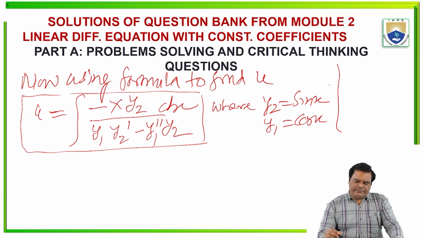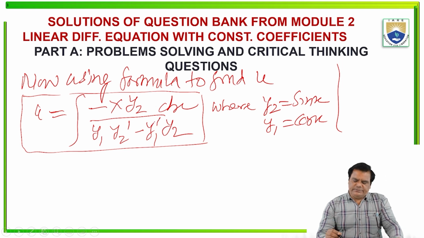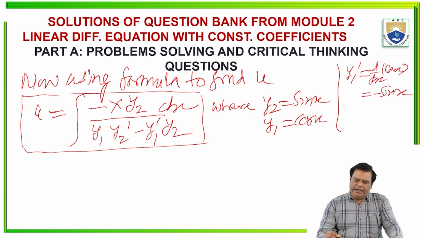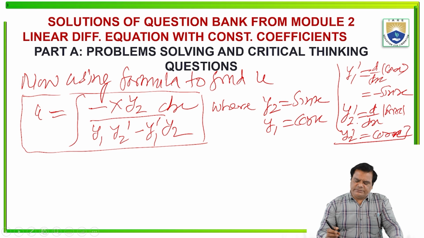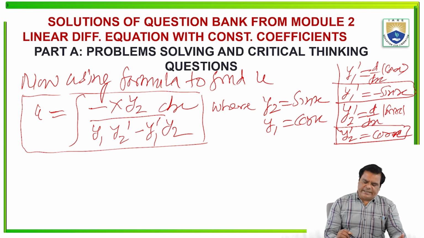Here y1 dash is the differential of cos x, which is minus sin x, and y2 dash is the differential of sin x, which is cos x. Putting these values in the formula.